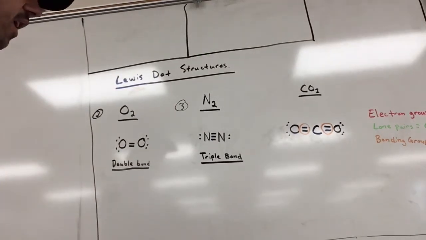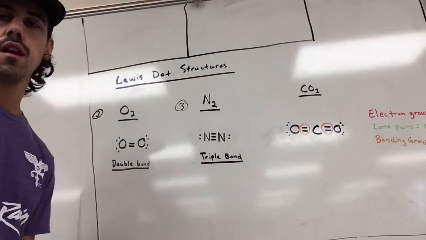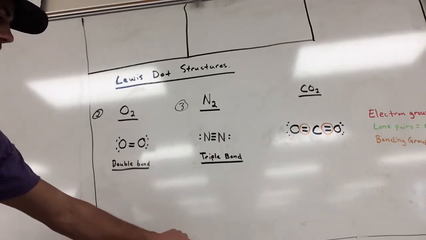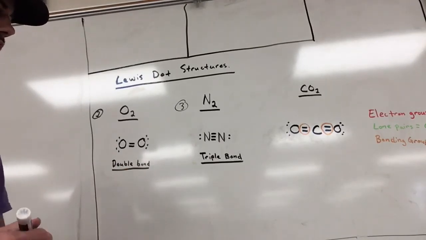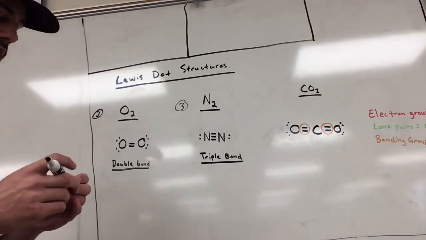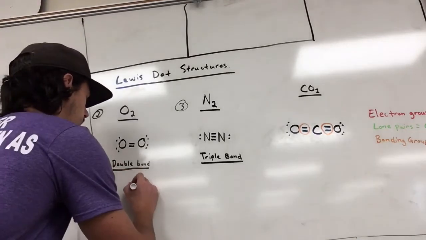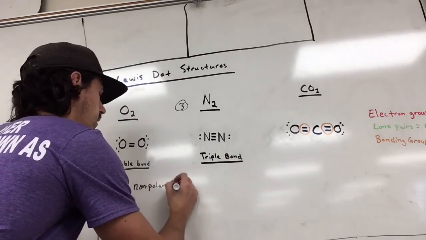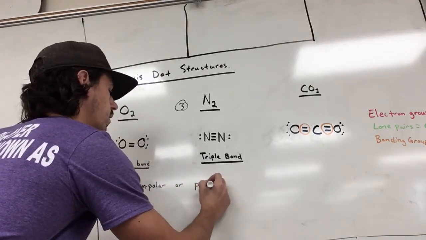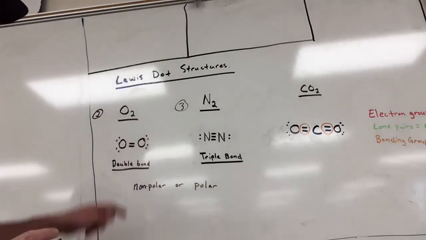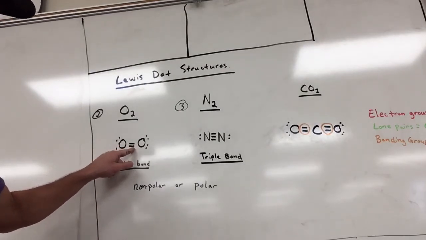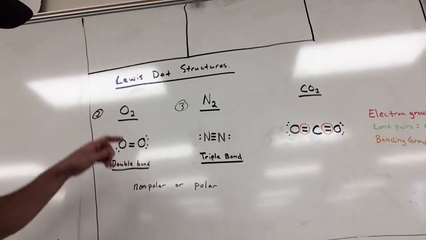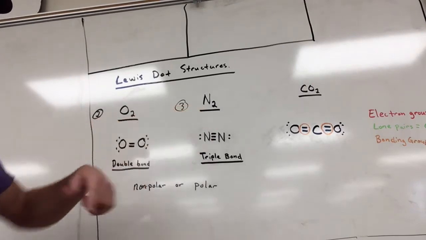Now, the last thing that I want you guys to tell me for this, underneath the actual type of bond, is whether this is non-polar or polar. So whether these bonds will be non-polar or polar for both oxygen and nitrogen. So think about it.